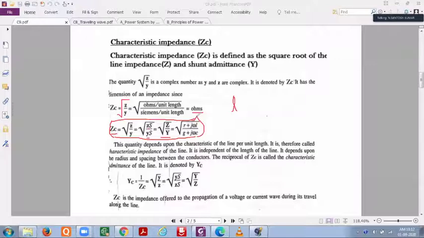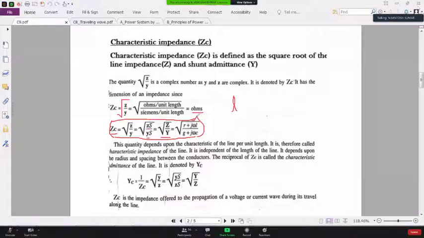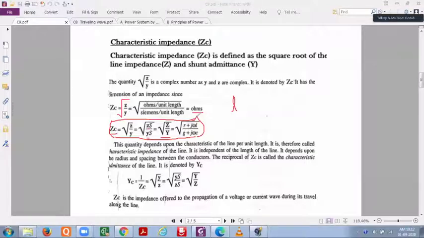It depends upon Z and Y, that is in terms of R, L, G and C. It is independent of line length. Based on this equation, they have given typical values for your characteristic impedance, ZC.